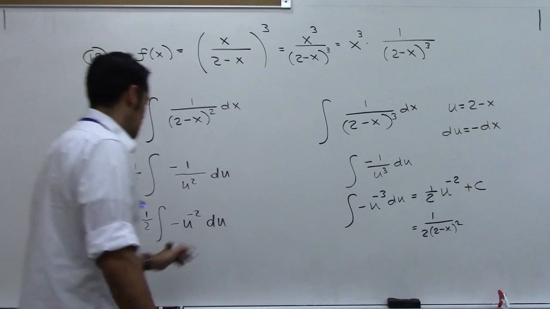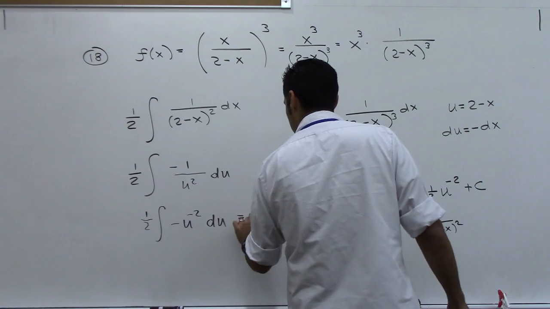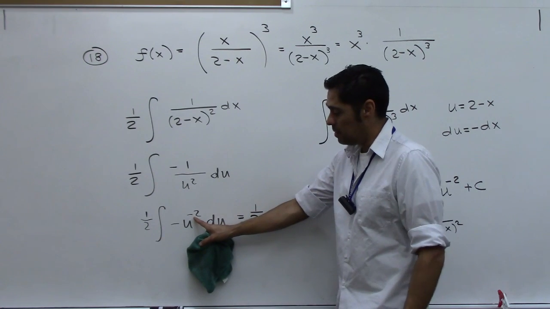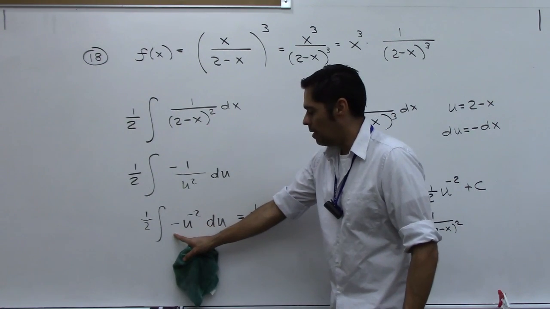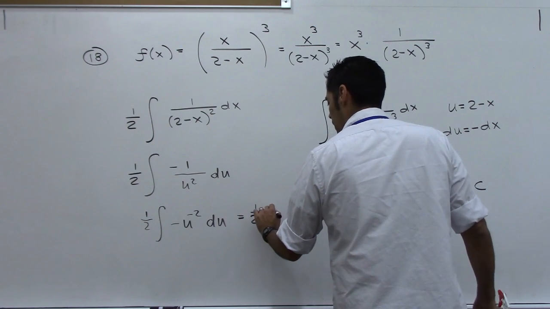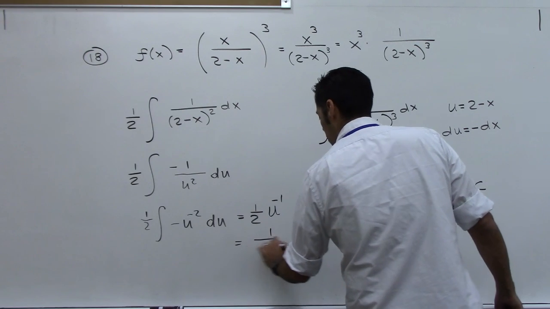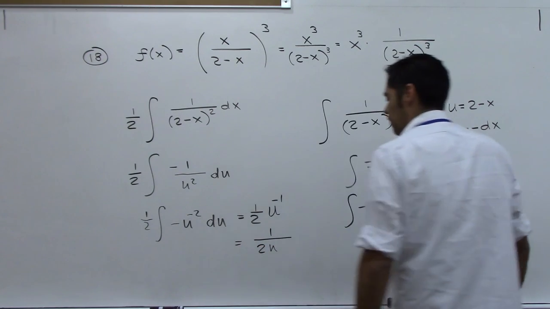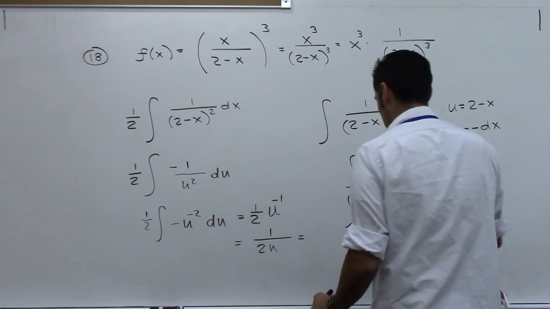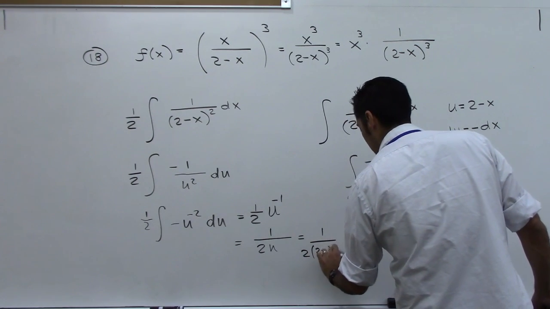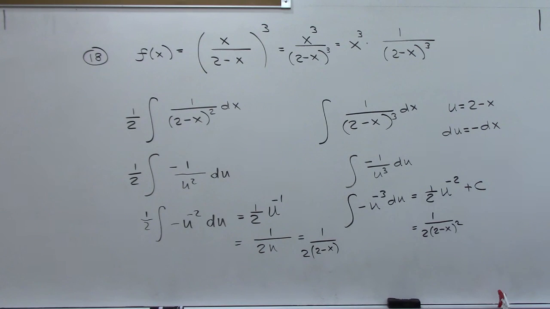Then when I apply the power rule, I add 1 to the exponent, which gives me negative 1. Divide through by it, so that should just be positive 1, u to the negative 1, which is just 1 over 2u, which is just 1 over 2 times (2 minus x).